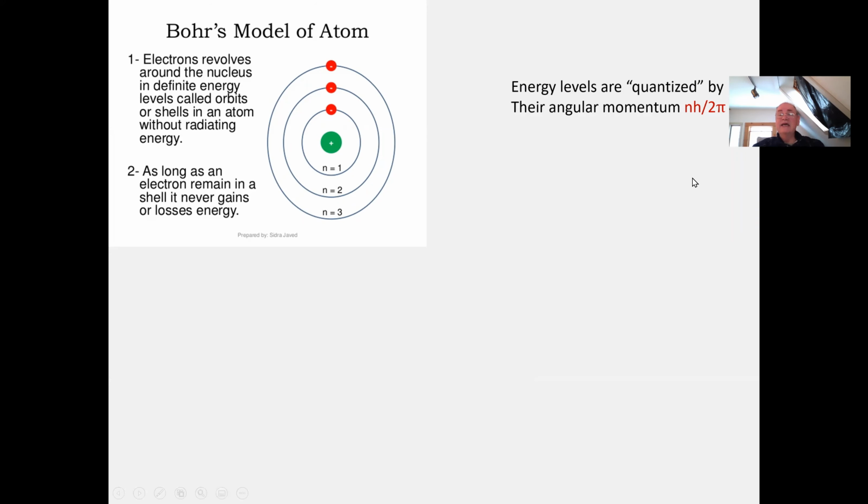Interestingly, he did say that the energy levels did have to be quantized because they were discrete. And what he did was he quantized one of the technical parameters, the angular momentum. He said that the angular momentum can only come in very discrete values. In classical physics, it can have any value.